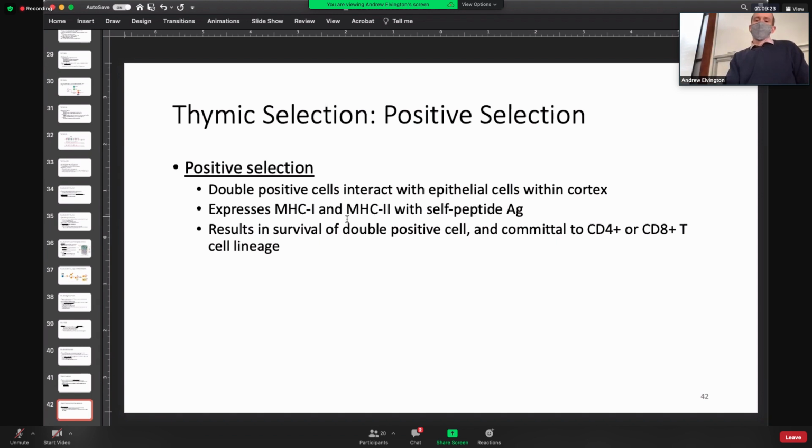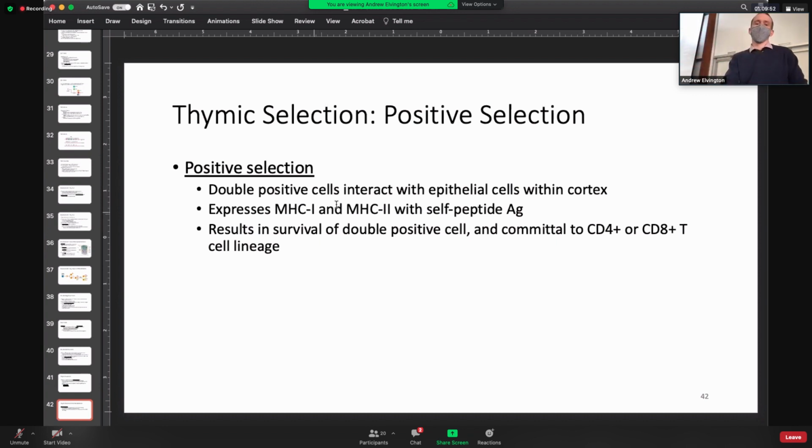And what this does is it results in the survival of that double positive cell. And interestingly, depending on what it interacts with, there are pathways, but I like to think it's just chance. A double positive cell has a chance to interact with MHC 1 first or MHC 2. And whichever one it interacts with first, that's the cell that it's going to become.